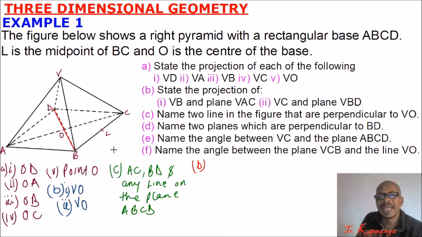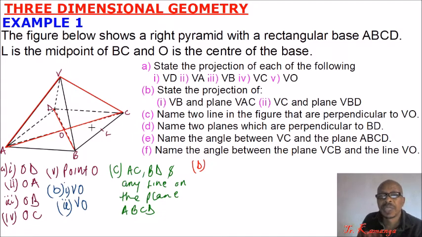So any two planes which are perpendicular to BD, we can say one of them is VAC. That is that plane, and this plane. Okay, so that is perpendicular.